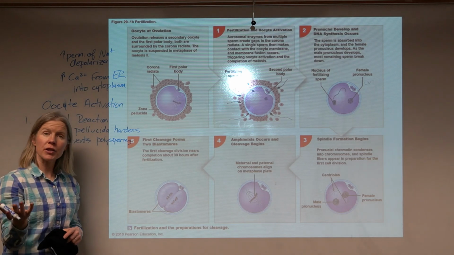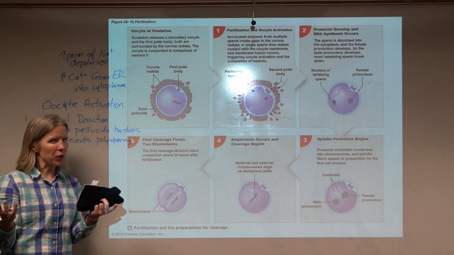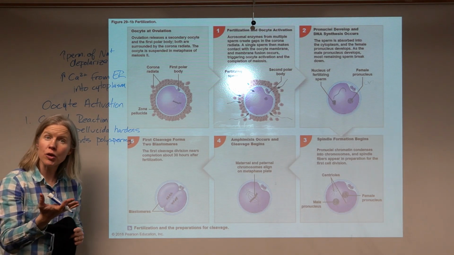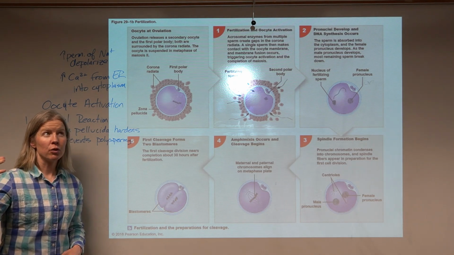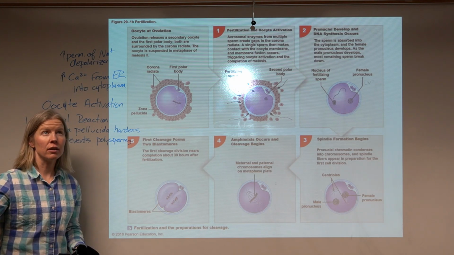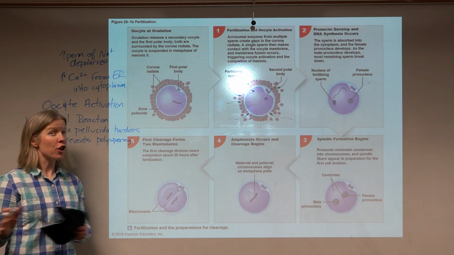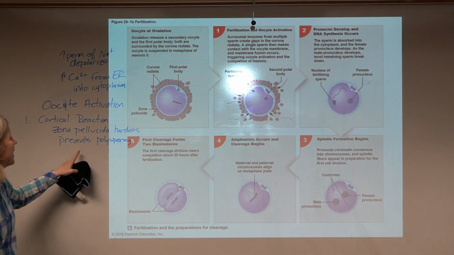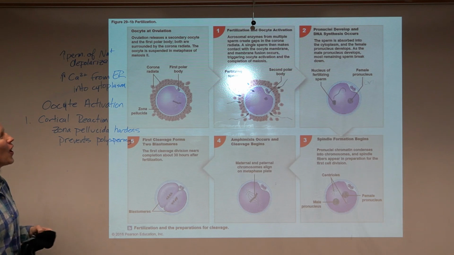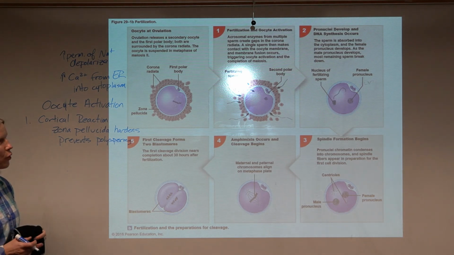So if the egg has 23 chromosomes and the sperm has 23 to get to 46, if another sperm is able to donate its DNA, now we're up to 69 chromosomes, you're no longer human, right? So we want to prevent that. So we prevent polyspermy through this cortical reaction.